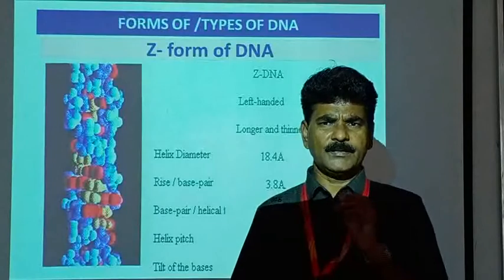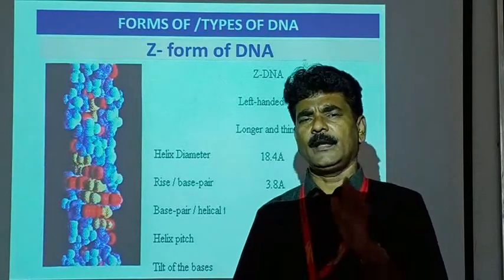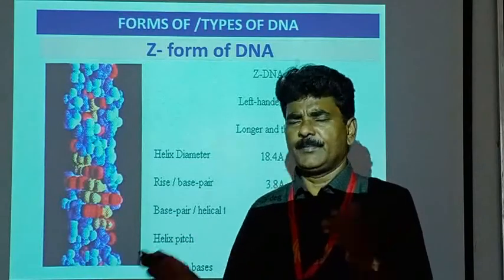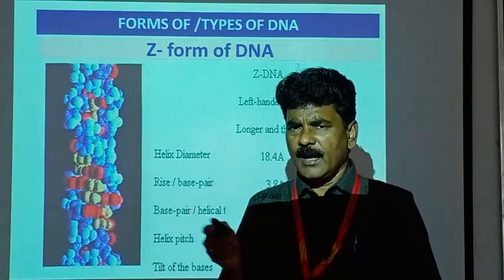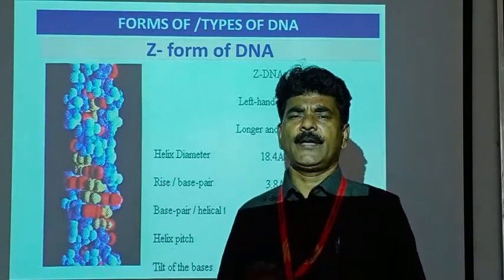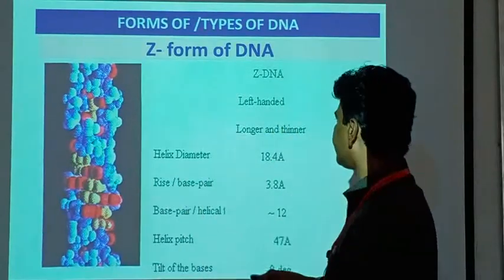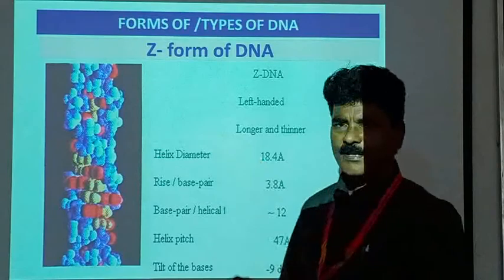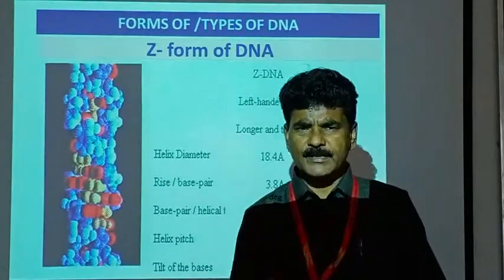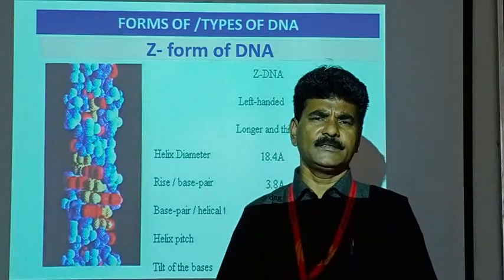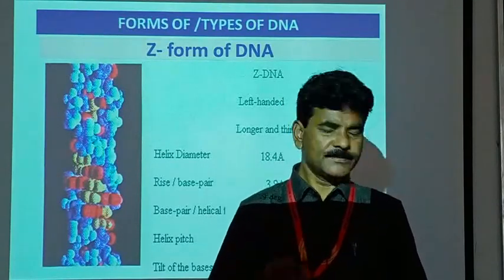See here, first two types, B and A, are right-handed, but Z type is left-handed. So they are zigzag in fashion. Their orientation is very, very zigzag. The Z form of DNA is observed in Drosophila chromosomes. This is also one of the additions in the Z type.